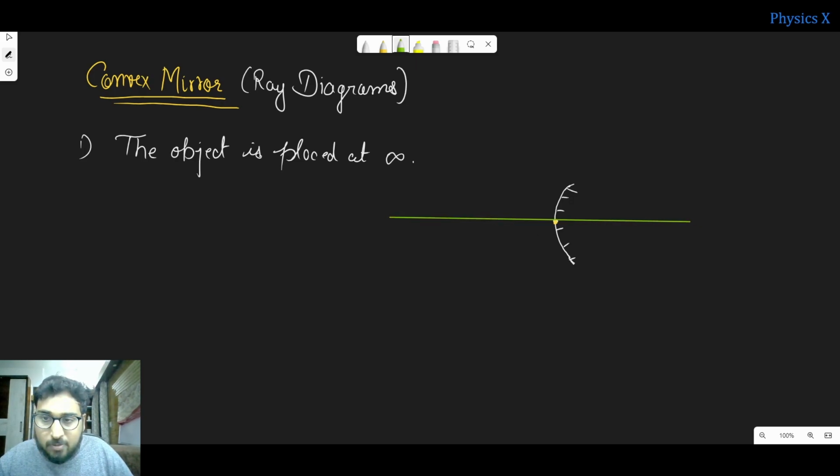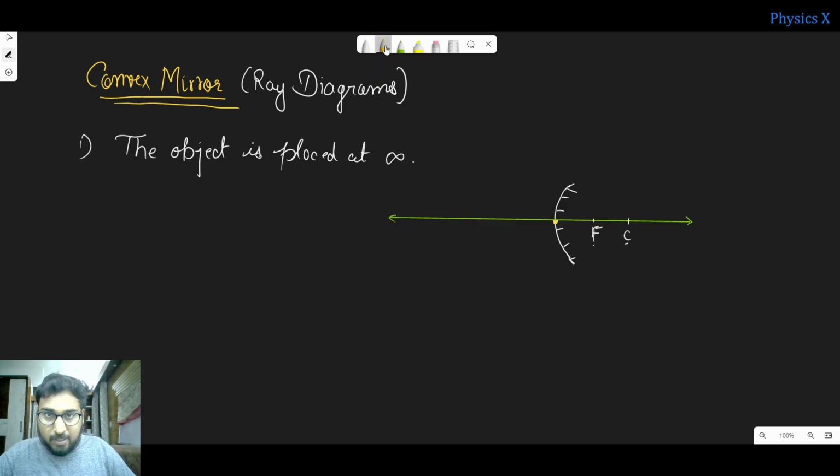So this is your principal axis, and the focus will be somewhere, let us say here. Yes, so this is your center of curvature, this is your focus point, and now this is your reflecting surface.